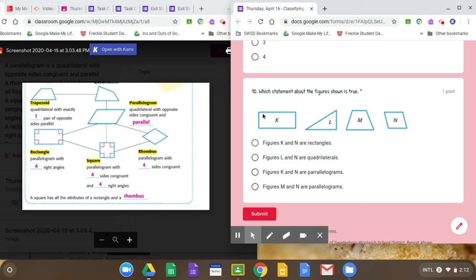In order to be a parallelogram, it has to have opposite sides that are congruent, the same, and parallel. So that one does work. K and N are both parallelograms. The last one says M and N are parallelograms. Well, M is a trapezoid, and if you look here, a trapezoid is not a parallelogram.